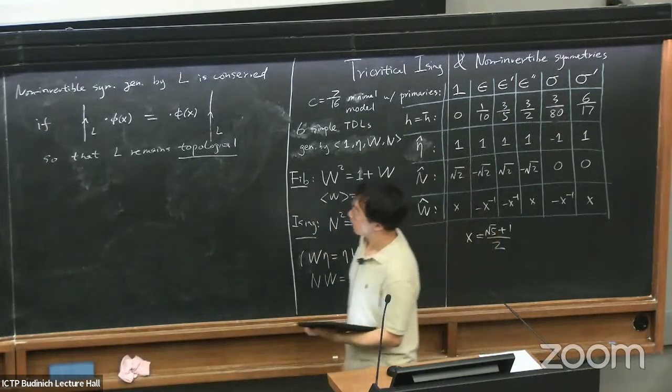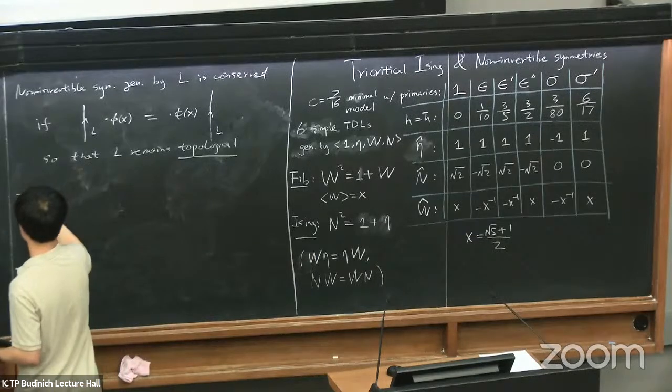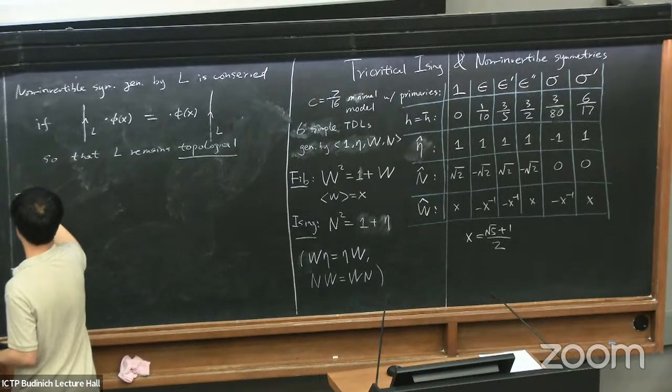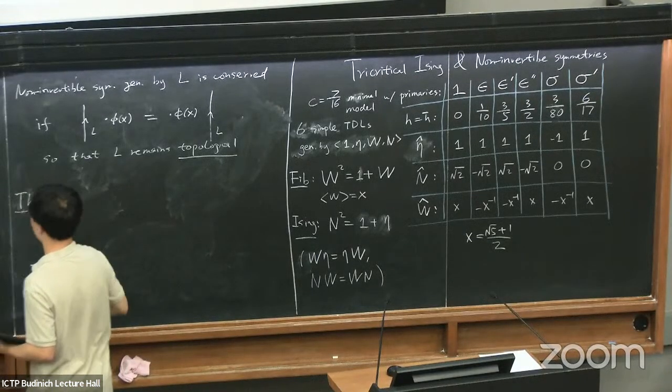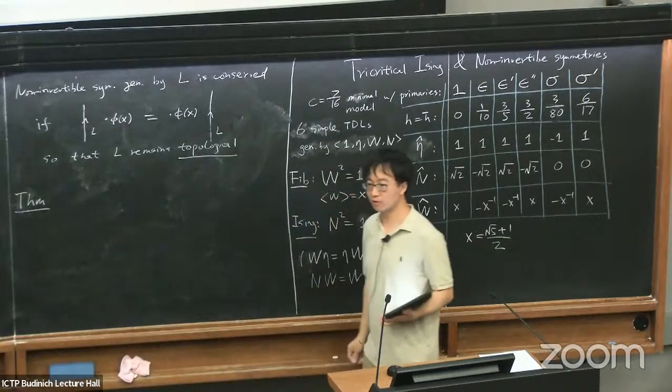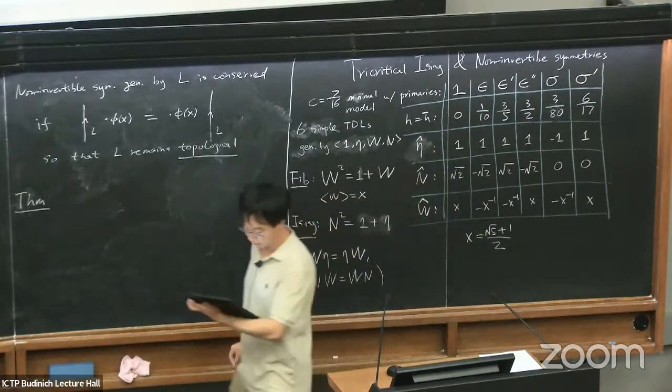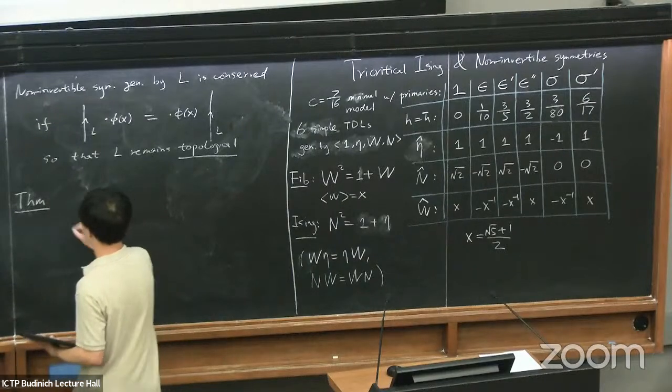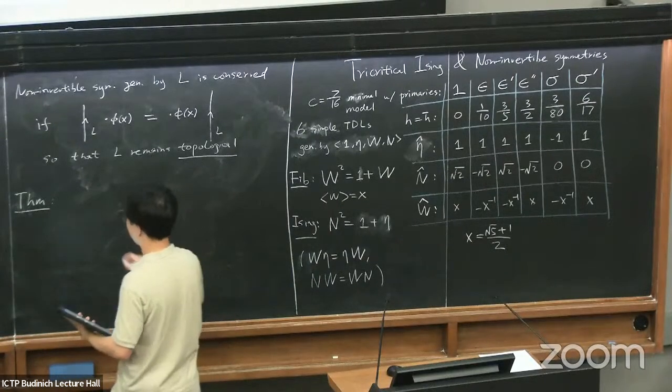Okay, and then there's a very simple theorem. Once we have defined what it means for a symmetry generated by a non-invertible topological defect to be preserved under RG, there's a very simple theorem we can state. The theorem, the very simple theorem, states the following.